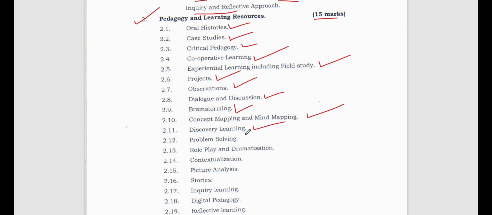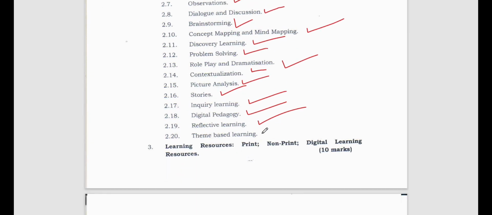Then discovery learning, problem solving skills, role play and dramatization, contextualization, what is picture analysis, what are stories, inquiry learning, digital pedagogy, reflective learning. Then theme based learning. All these you have to study in detail.